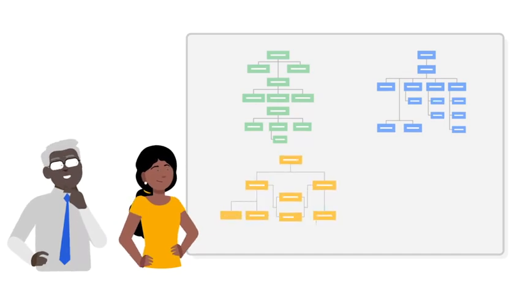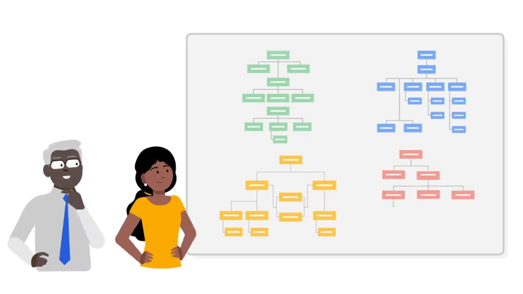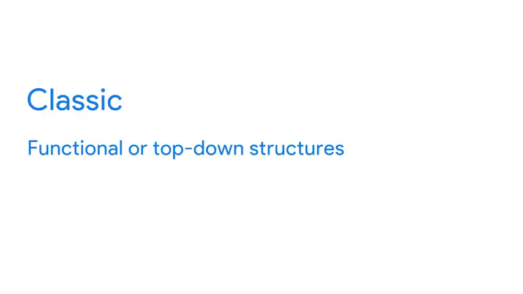Reporting charts show the relationship between people and groups within the organization and detail who each person or group reports to. There are a few different types of organizational structures, but for this course, we're going to focus on two of the more popular ones, classic and matrix.